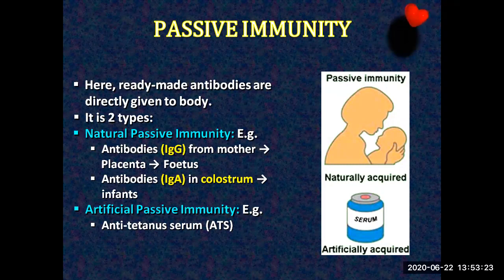The mother's milk, which we call colostrum, has so many antibodies. Those antibodies contain IgA. Regular question: the antibodies which pass from the mother through the placenta to the fetus are IgG. That is a different story. But colostrum we are talking about now. In colostrum, IgA antibodies are present.